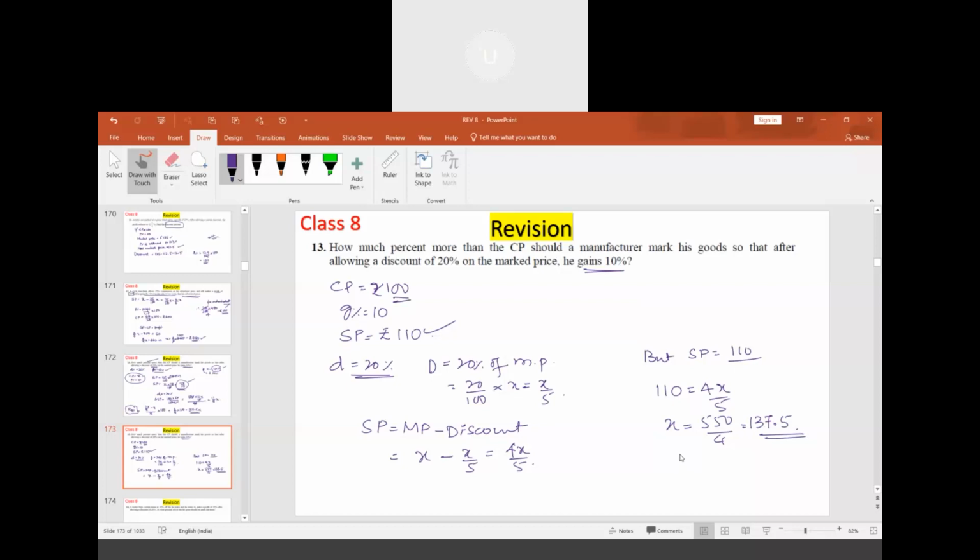Have you understood now? If I take the cost price as rupees 100, the market price is 137.5. So it should be marked at 137.5 rupees so that while he is giving a discount, he is also getting a gain of 10%.